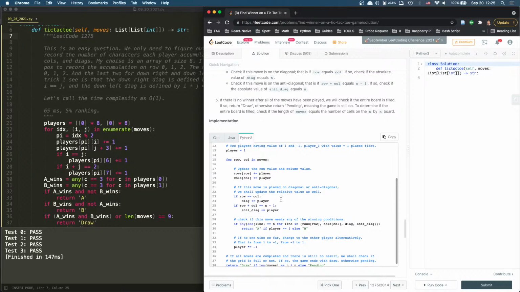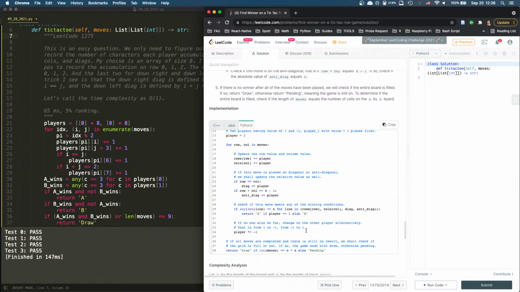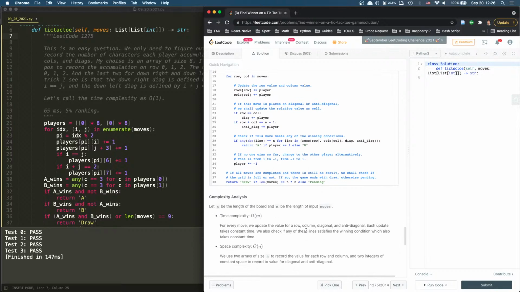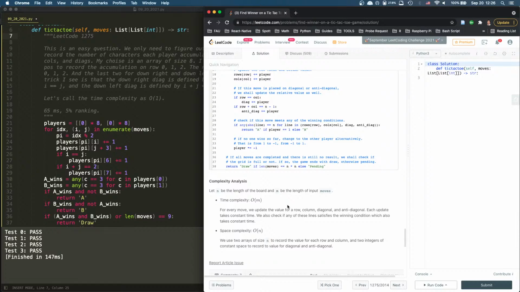Blah blah for row, and then there's a check on every single thing. Complexity O(m), the length of the board. Ours is O(m) plus O(n), actually.